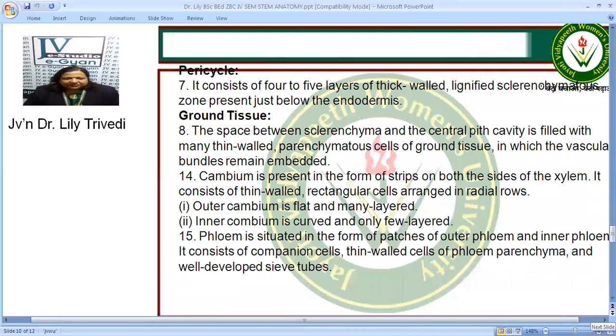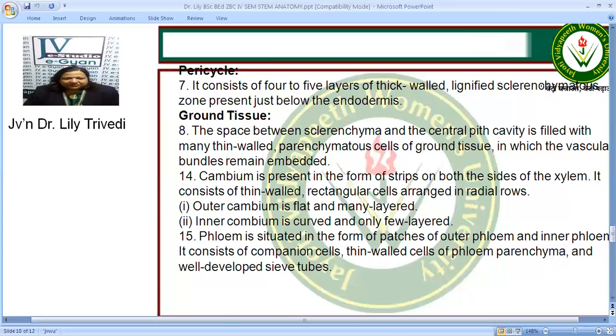Now the pericycle is again present in the dicot. It consists of 4 to 5 layers. Lignified and sclerenchymatous cells are present in the pericycle. Here the ground tissue has a central pith filled with parenchymatous cells, and vascular bundles are embedded in it.